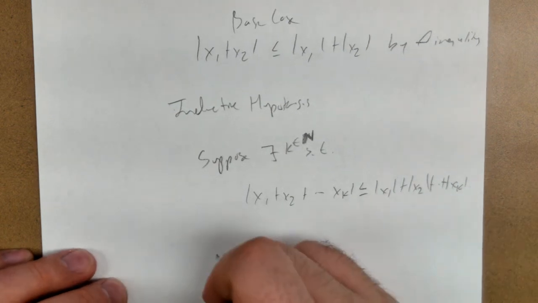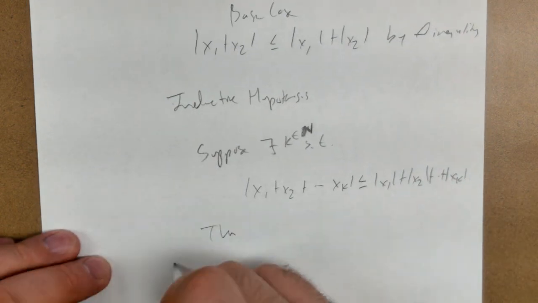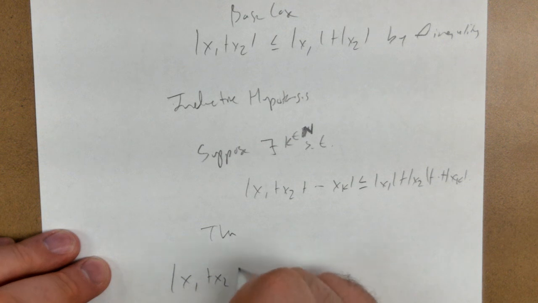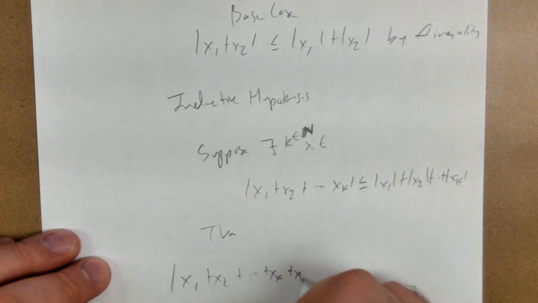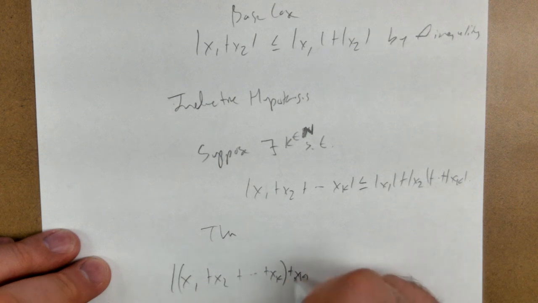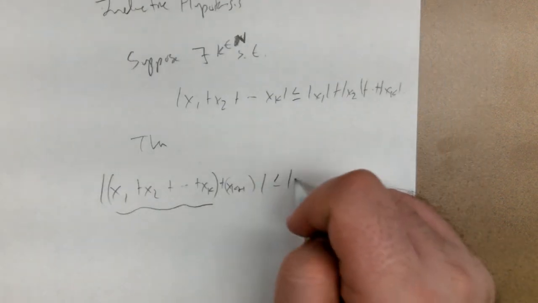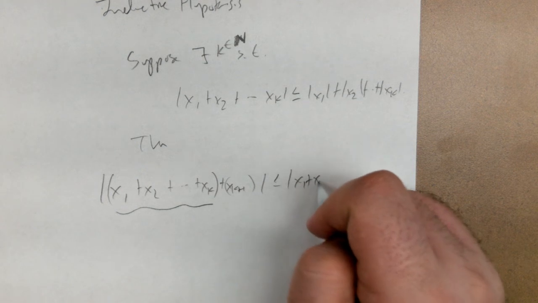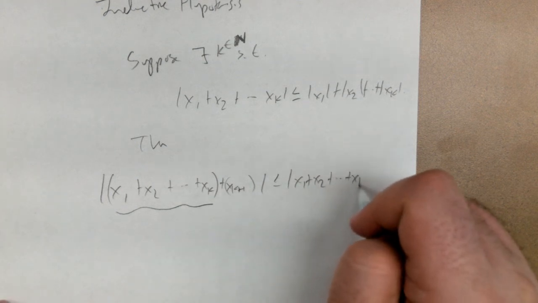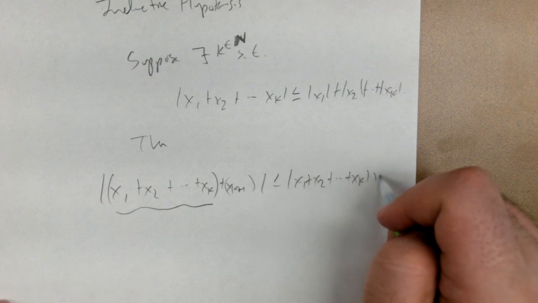Okay. If I want to go one farther, well, I'm going to use the regular triangle inequality. So I have x(k+1) is the new one. Think about these things as one number, and then you have the next one, k plus 1. That's the other number. The regular triangle inequality tells you that you can separate just those two. So here's the stuff without k plus 1, and here's the other one.